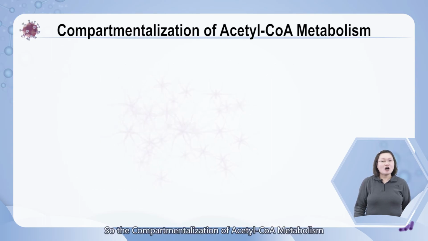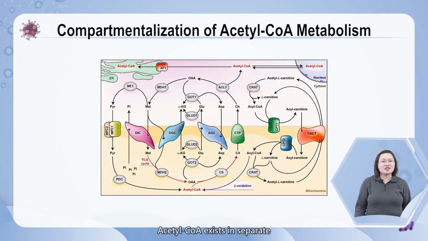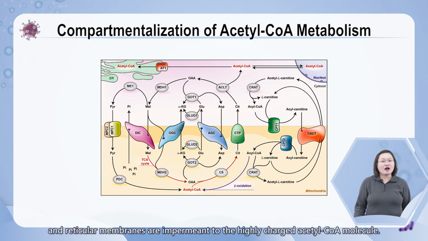So, the compartmentalization of acetyl CoA metabolism. Acetyl CoA exists in separate mitochondrial, peroxisomal, nucleocytosolic, and intra-reticular pools. Indeed, the inner mitochondrial, peroxisomal, and reticular membranes are impermeable to the highly charged acetyl CoA molecule.